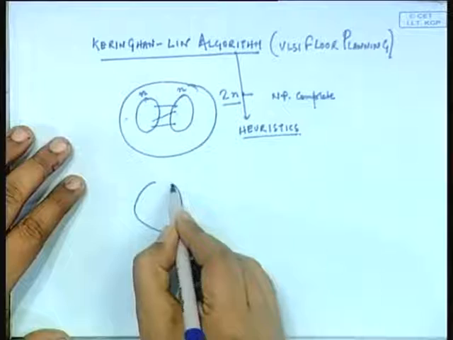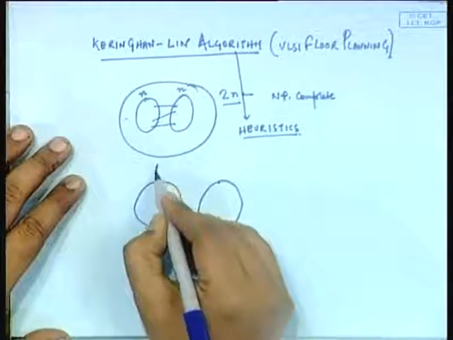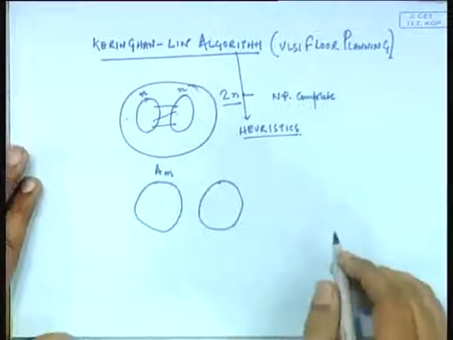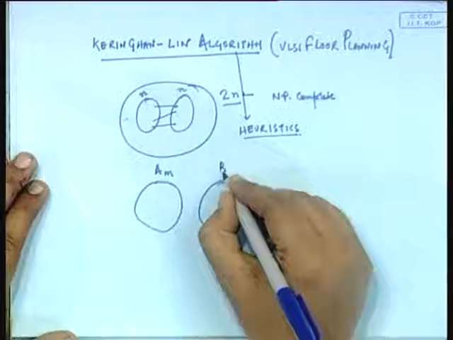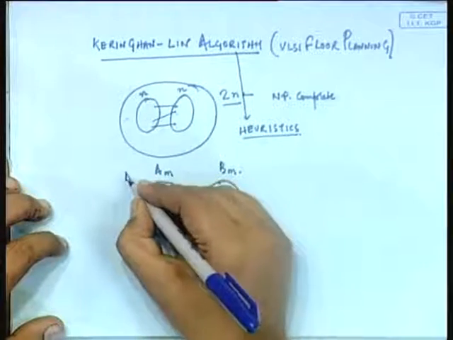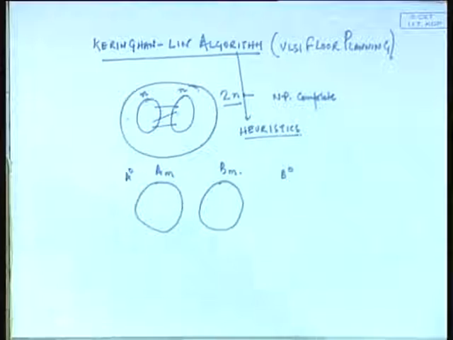So, you have one step where first you divide arbitrarily into two sets, AM and BM. Initially it is A0, B0, then you go on some iteration.